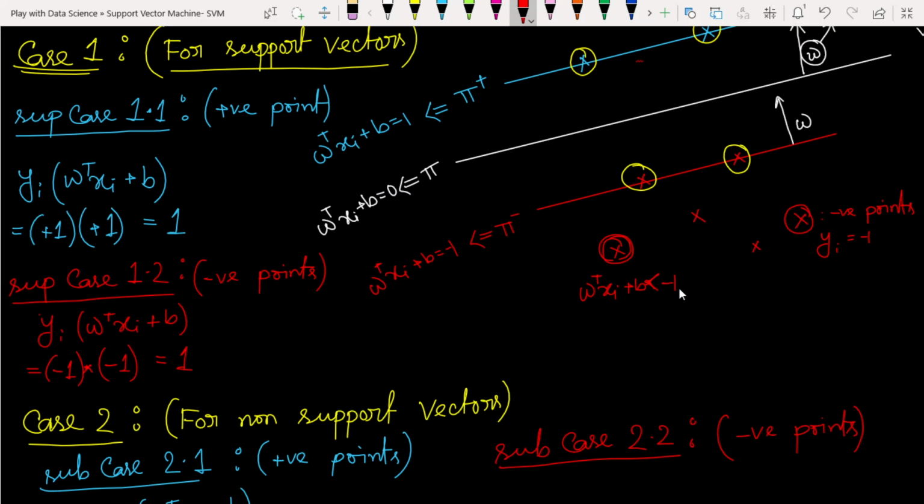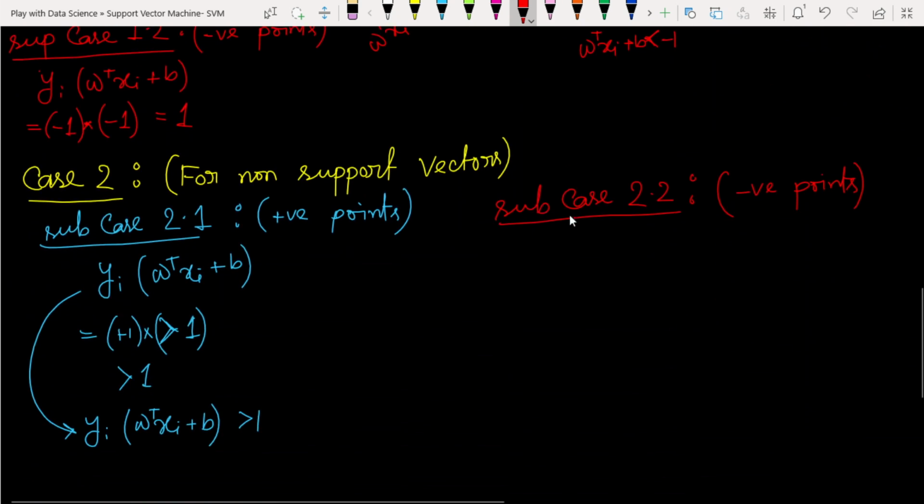If you forgot this, please go to the logistic regression chapter and see the geometric intuition. I discuss everything step by step there. Just revisit that lecture, then your concept will be clearer. Simple: the direction of W is opposite to the direction of the point from the plane pi minus, so this value will be less than minus 1.